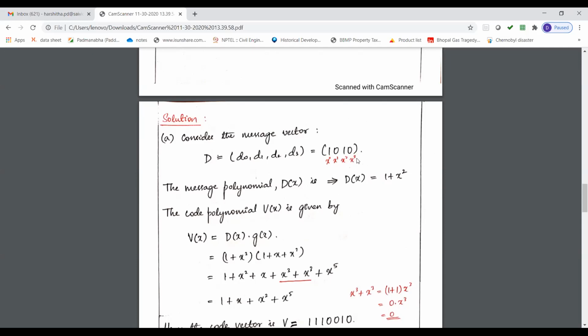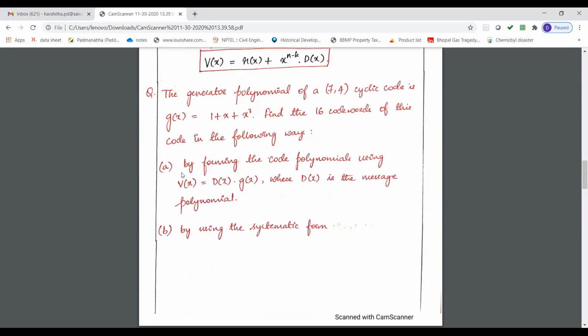And for x to the power of 3 I have 0, so that is 0. So d of x, that is message polynomial, is nothing but 1 plus x square. So the code polynomial, that is v of x, is nothing but, see here, d of x into g of x.